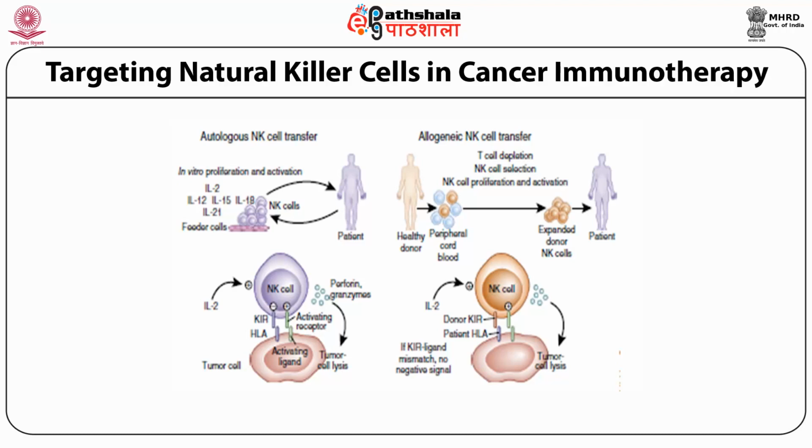They can also be derived from the bone marrow or umbilical cord blood or even human embryonic stem cells. Now these therapeutic NK cells can be matured through some cytokines, or NK cell progenitors can be matured into mature NK cells and can be inoculated together with other cells as part of the cellular therapy.